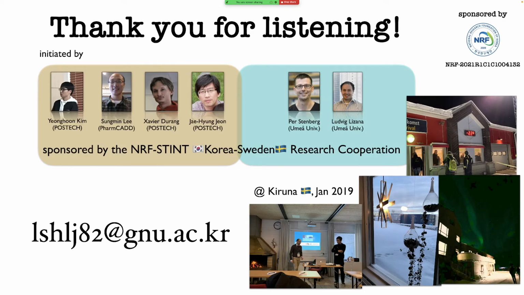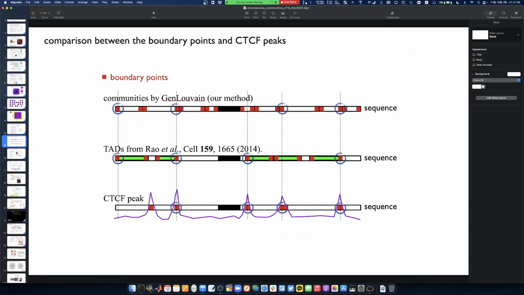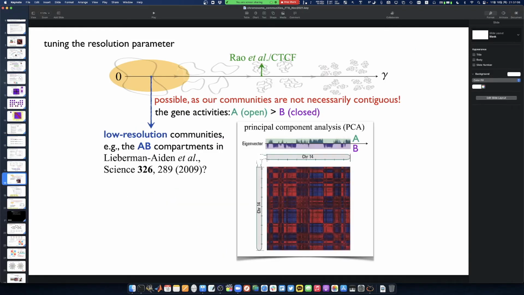Thank you. One example I presented is this AB compartment here. I forgot to mention, but this is the separation of the entire genome sequence in a given chromosome into two pieces, A and B, and they actually form this checkerboard pattern.